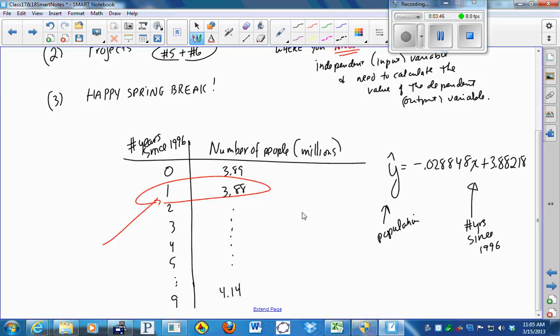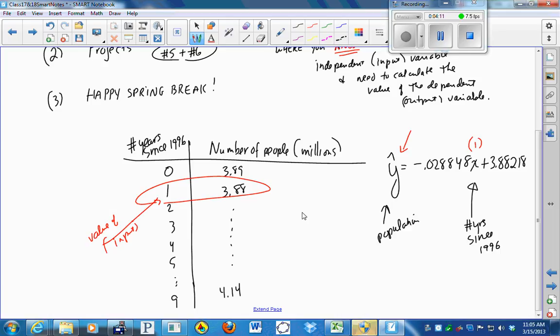The value of your input is 1, meaning the year 1997. I wanted you to put the 1 in here and use your model to predict the population. Then you could look and say, hey, I got a number pretty darn close to the actual data value. My model must be pretty decent.